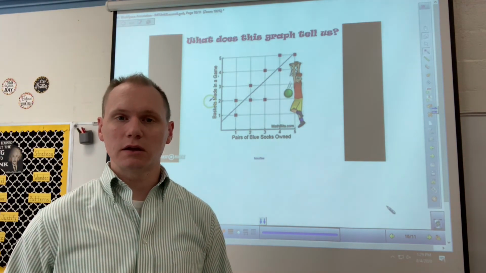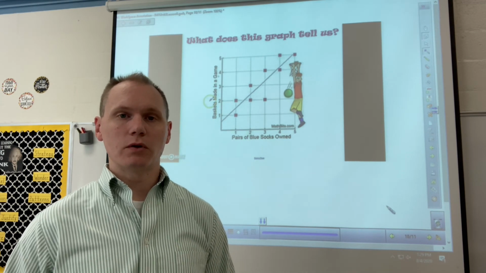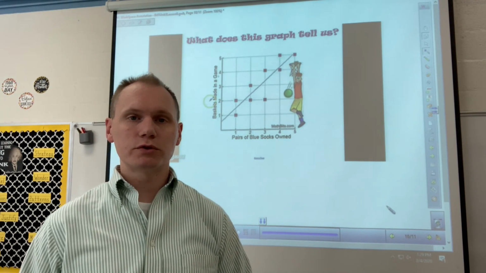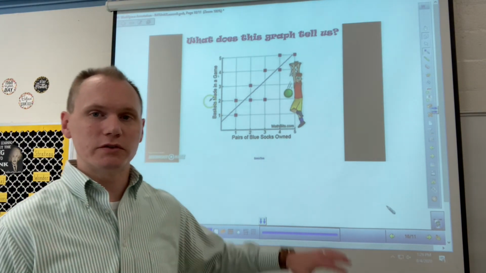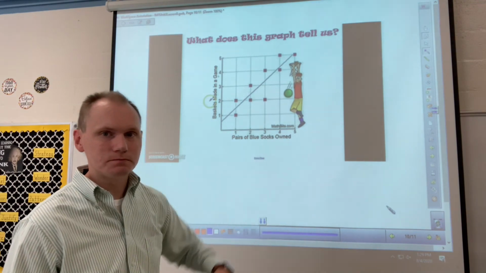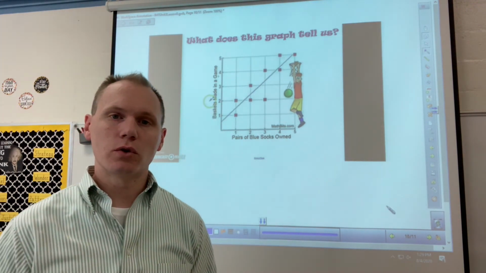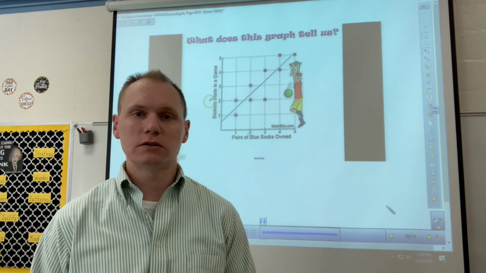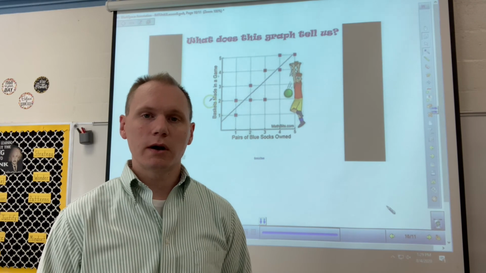You really need a scientific, experimental design, with two groups to really discern what's causing things. This is more of like an observational study where we're observing, collecting data, and then seeing if there's a correlation. That's really all we can do, though, is see if there's a correlation. We cannot determine causation. All right?